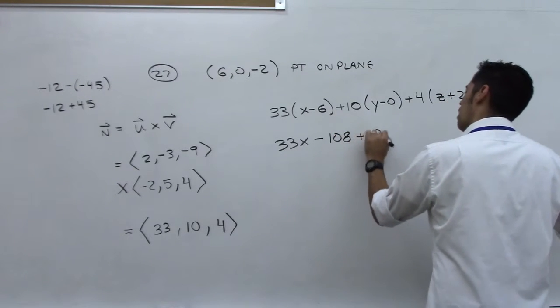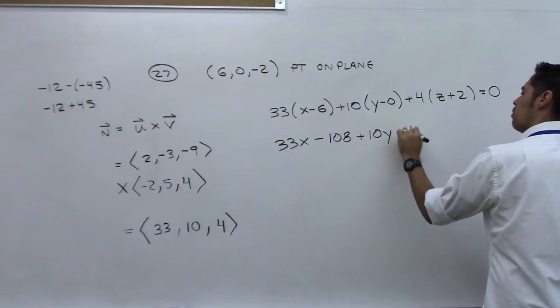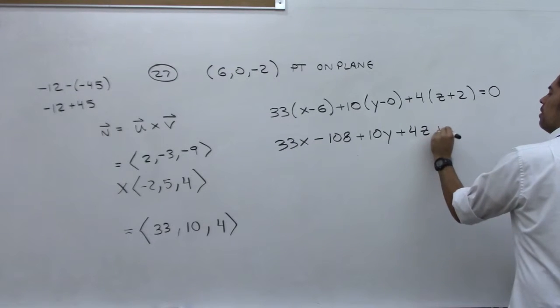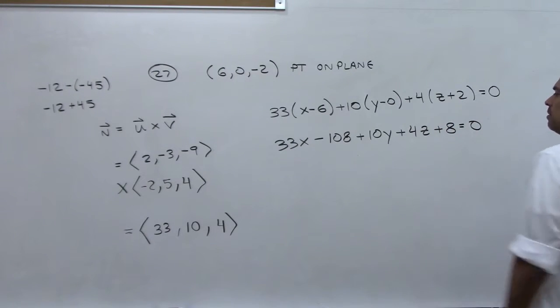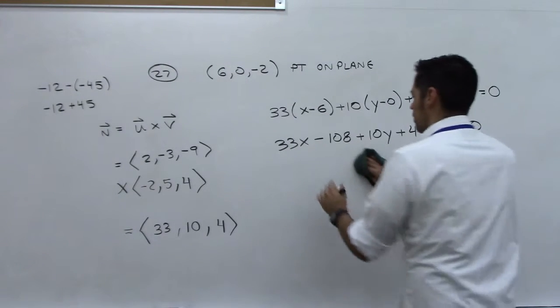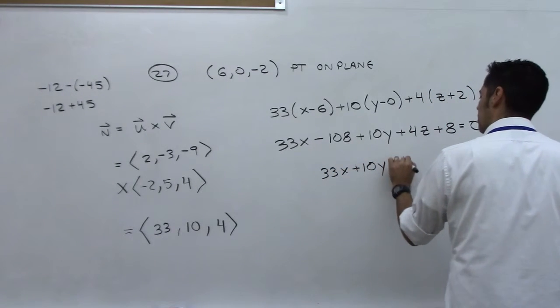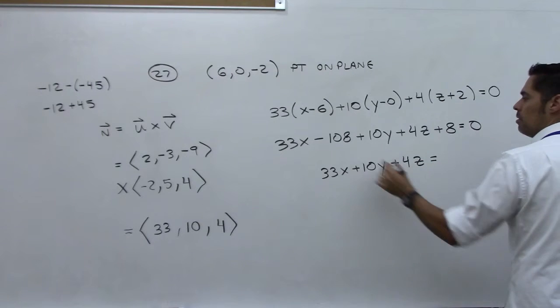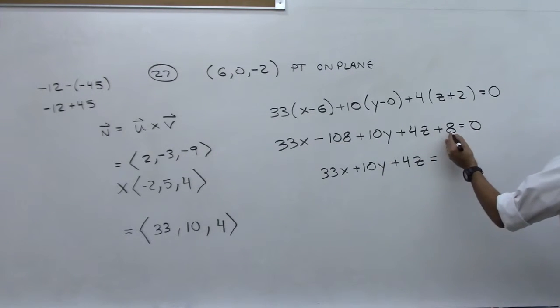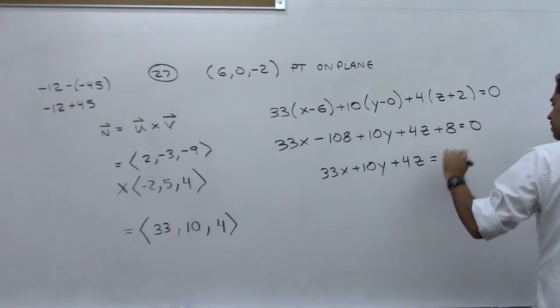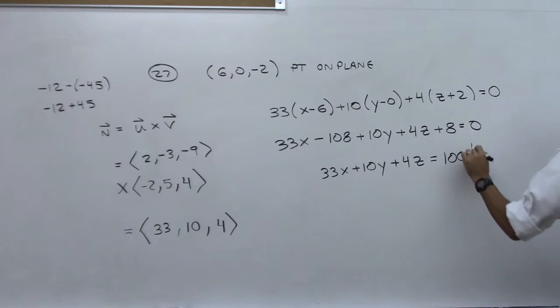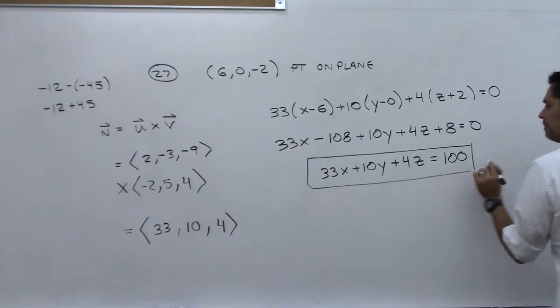And then plus 10y plus 4z plus 8 equals 0. So 33x plus 10y plus 4z equals, and then let's see this and this together, that's negative 100, and so bring it to the other side, 100. Looking like this is it.